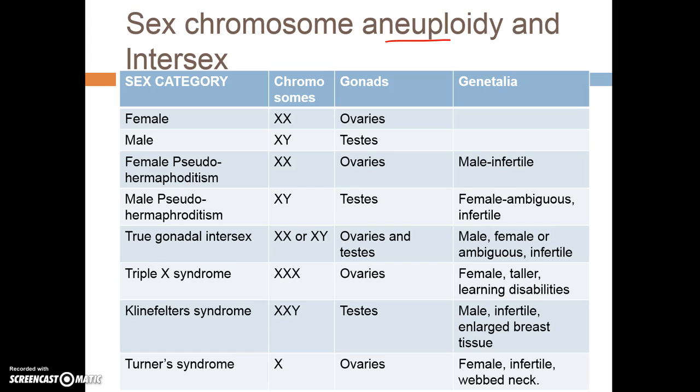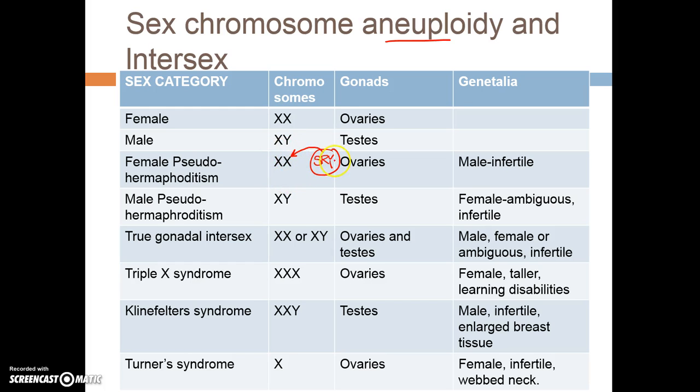And so you can see here that there's females with ovaries, males with testes, but you could be XX and actually develop male genitalia. It is possible that the SRY gene could have jumped over to the X chromosome in the man's genes.